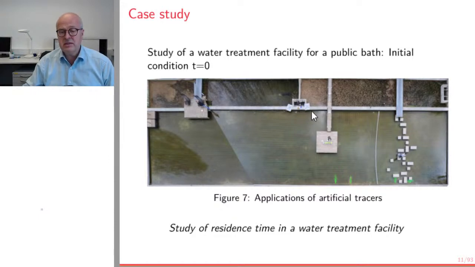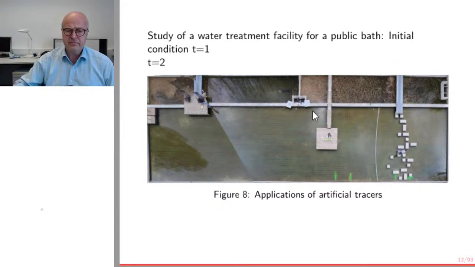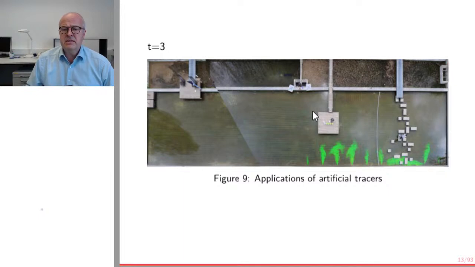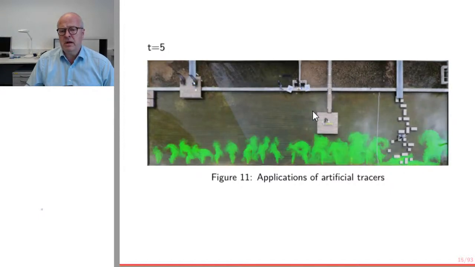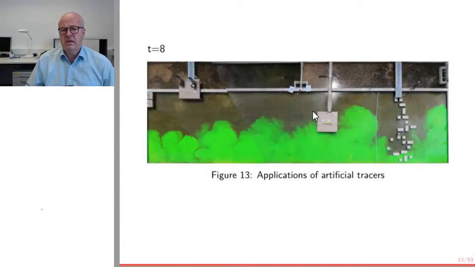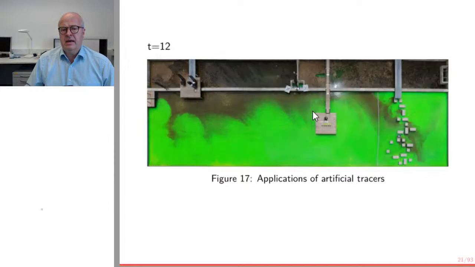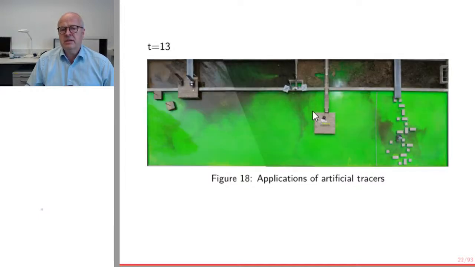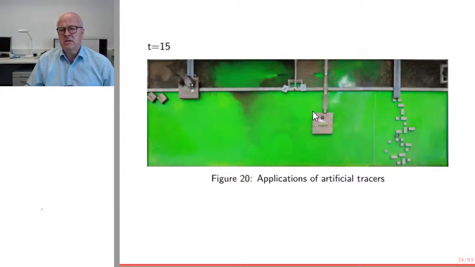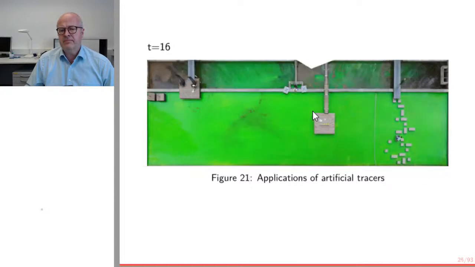So now let's just follow this. You see now the trace experiment. We have added Euro 9 to this pump system, and you can see now how this spreads, how the dispersion takes place, and how the tracer now reaches the reservoir.